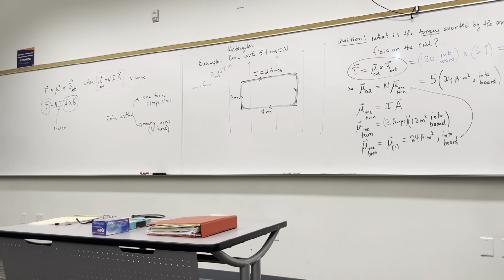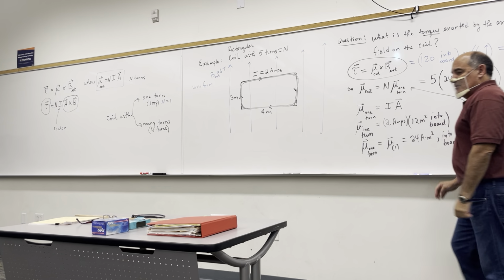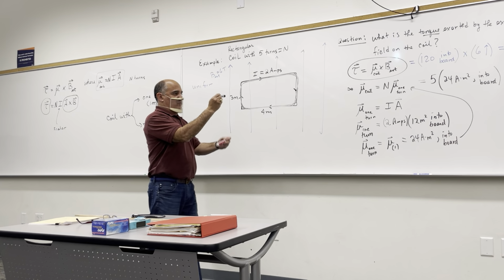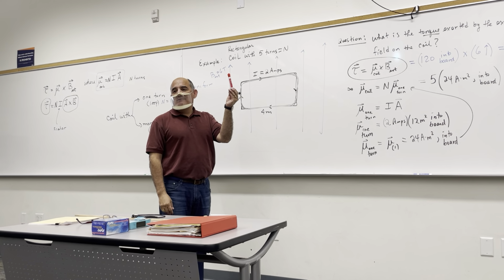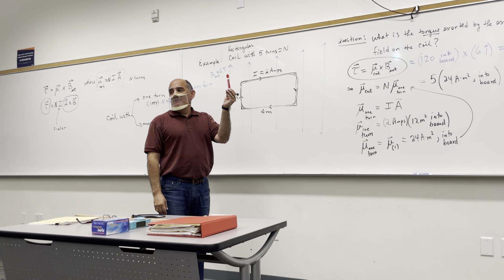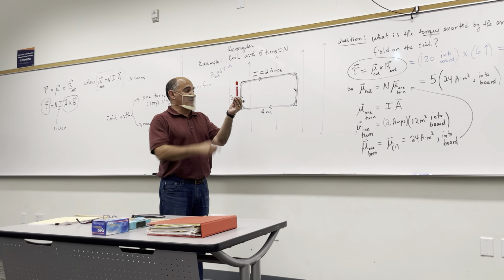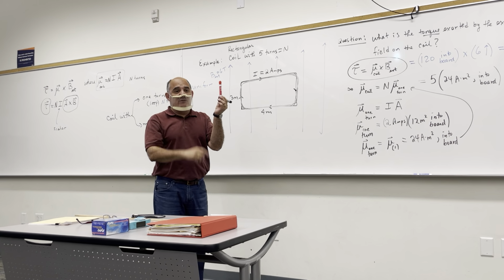Now, what is the direction of into cross up? So into the board, cross up. Which way is that? It's going to be either to the right or to the left. So which of the two is it?